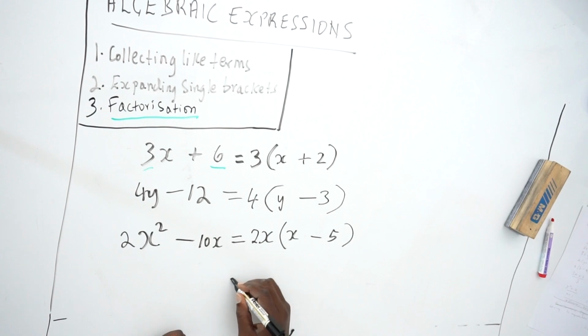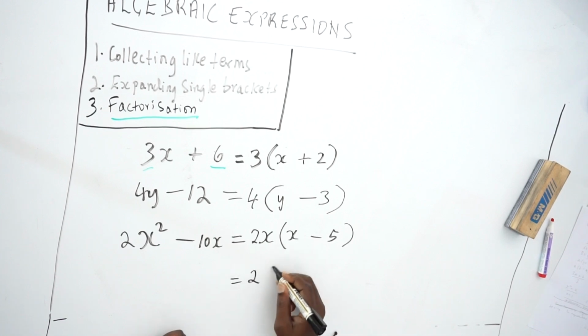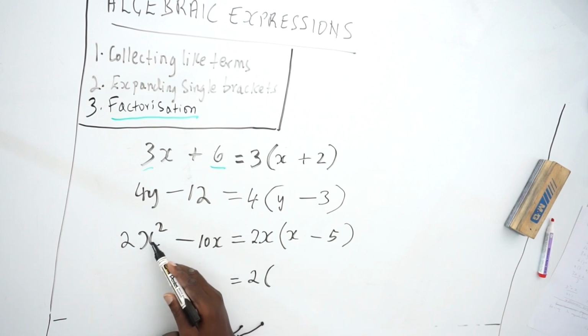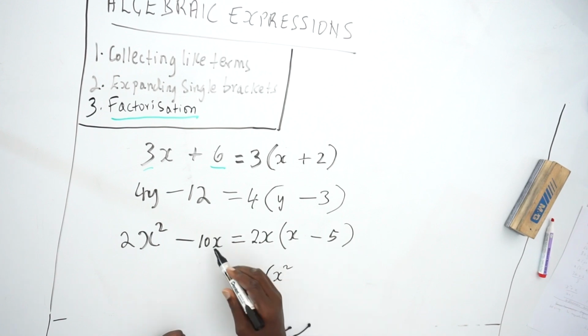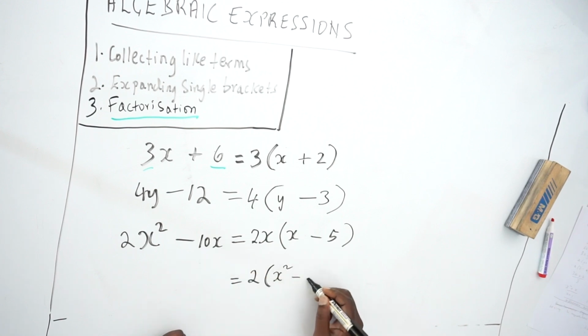If you had just said remove 2 alone, what do you multiply 2 with to get 2x squared, you would have had x squared, and then what you multiply 2 with to get minus 10x, you would have remained with minus 5x. Now this answer will be described as incomplete.